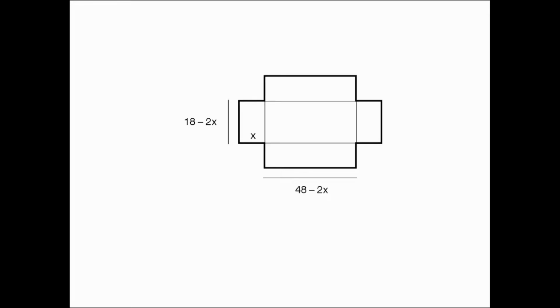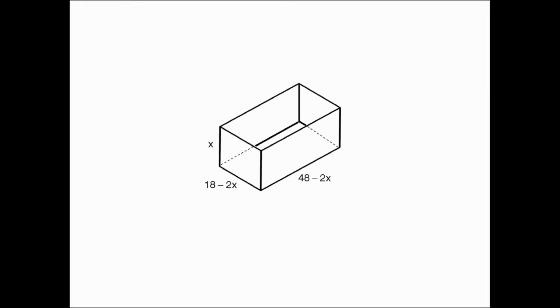We now fold yung cardboard dito sa lines na to. Tapos iaangat natin yung side na to. Ito. Ito. At ito. To form this box. Open yung taas ng box. The box will have length 48 minus 2x, width 18 minus 2x, and height x.